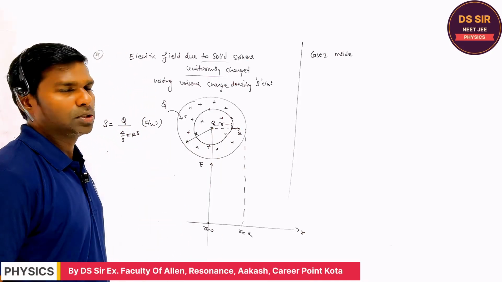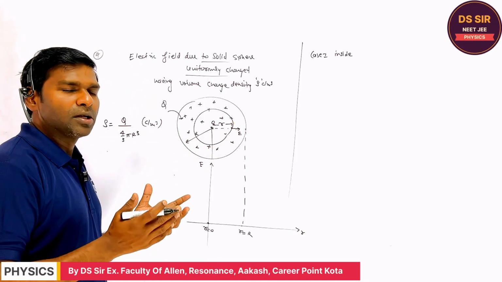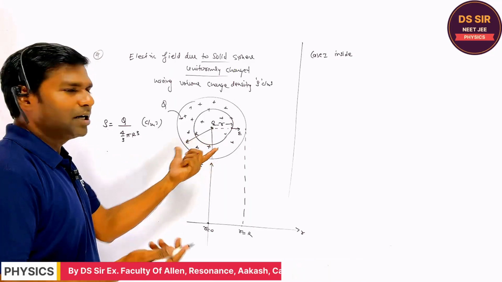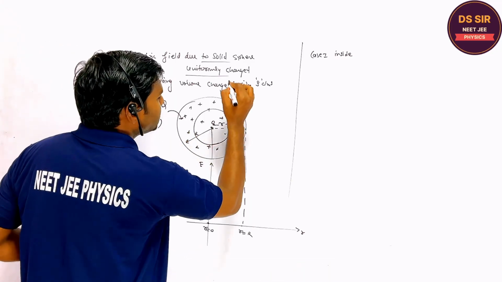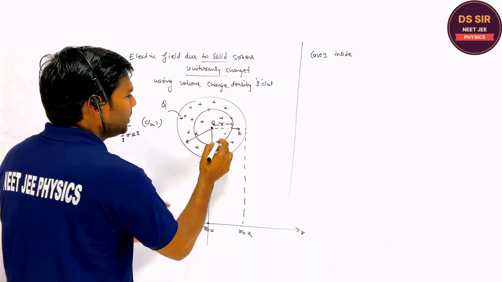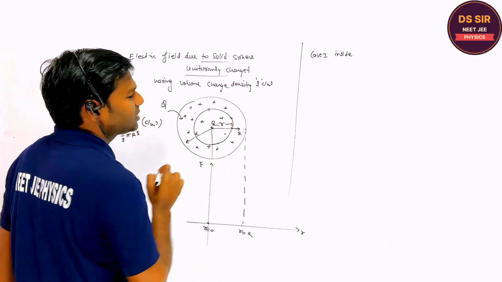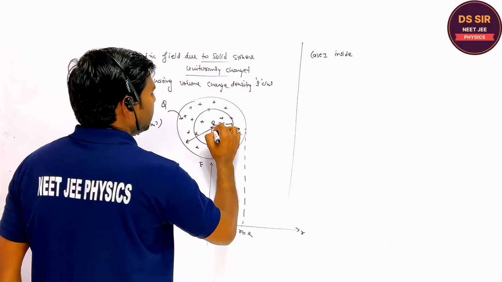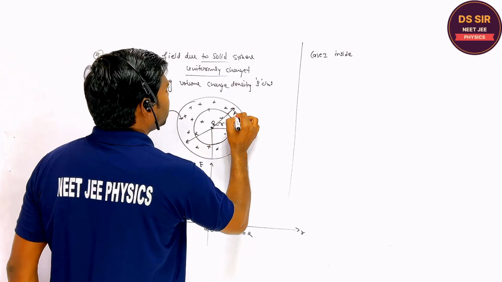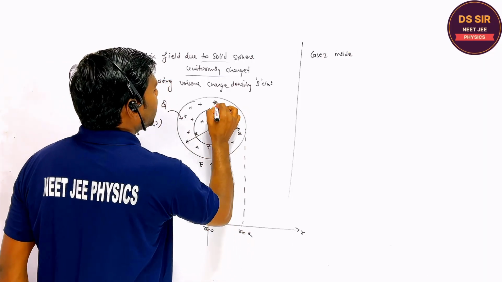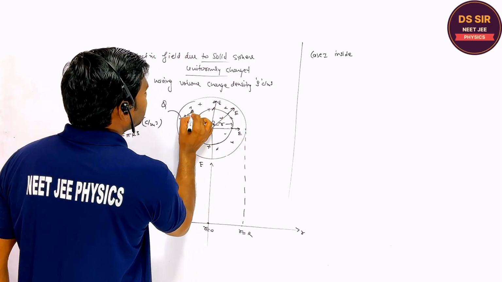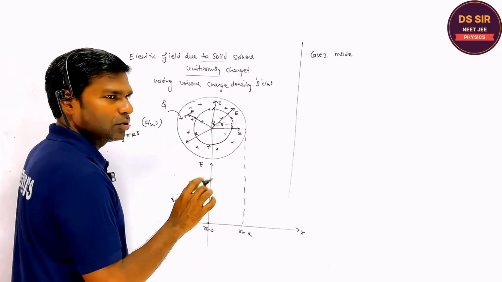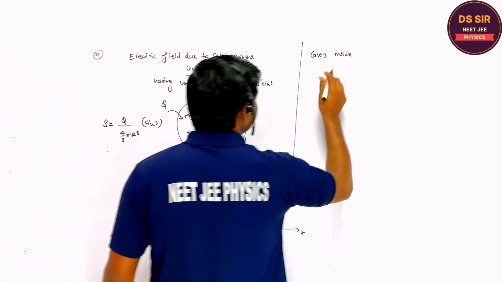You do not choose the cylinder, because a cylinder is not a symmetric Gaussian surface for this charge distribution. Rather, the sphere of radius r is the symmetric Gaussian surface, so that at every point the direction of the electric field is different, but the magnitude is the same. You understand or not? So choose this Gaussian surface inside.